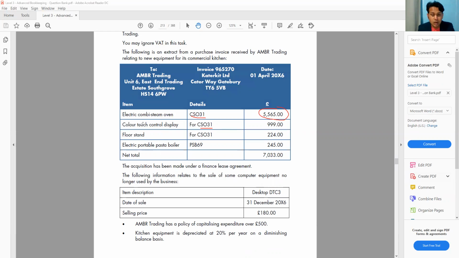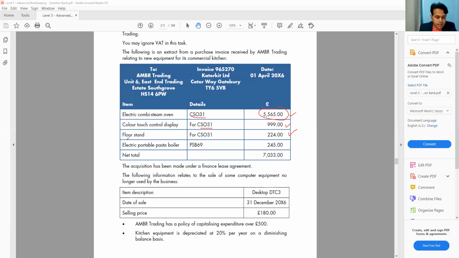If something is not part of the machine, we cannot consider it as part of the cost. The color touch control display is definitely part of the machine. Then we have the floor stand. Without the floor stand, we cannot run the machine, so that will also be part of the machine.